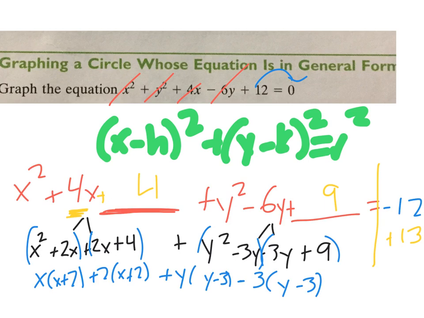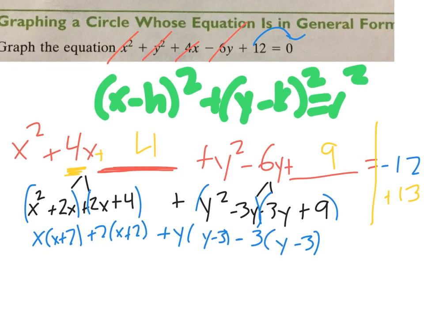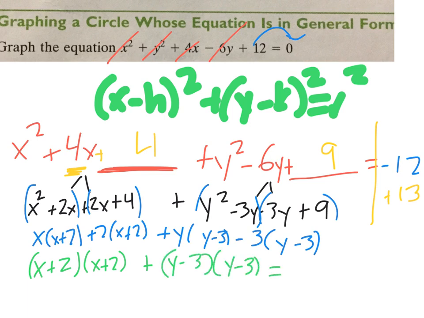So now what have I factored this to be? Remember, it's what's in front of the parentheses. So it's x plus 2 times x plus 2 plus y minus 3 times y minus 3. And again, this equals negative 12 plus 13 is 1. So I'm going to bring that down now.